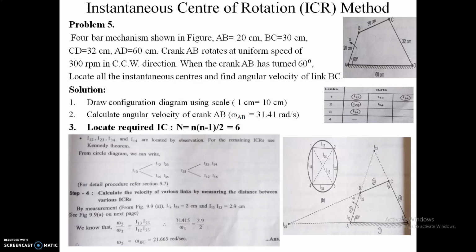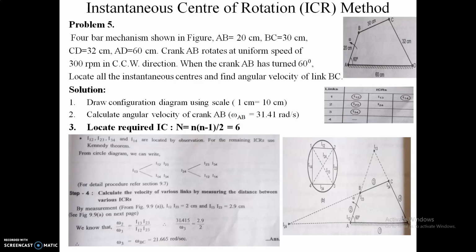By links 1 and 2, the IC is formed, I have given I12. By links 2 and 3 the IC is formed, I have mentioned here I23. Similarly, for links 3 and 4, the IC 3 4 is at the corner joint, at the intersection point. And for links 4 and 1, I have mentioned the IC14 at the D location.